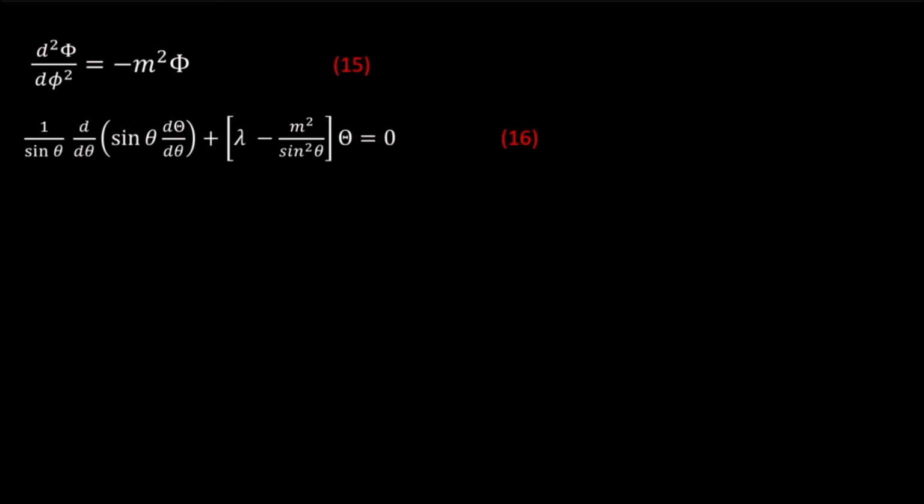These equations are similar to the angular part equations that we have seen for a spherically symmetric potential. We saw that the product of these two parts of the wave functions are spherical harmonics.